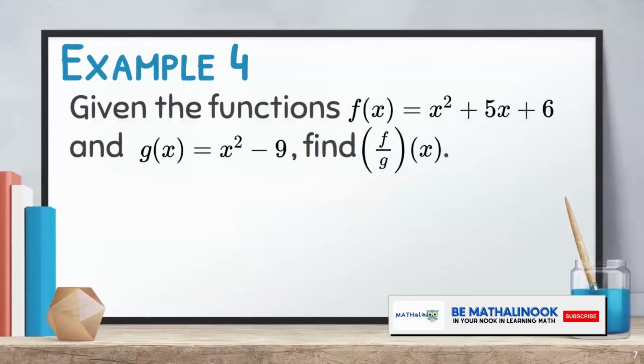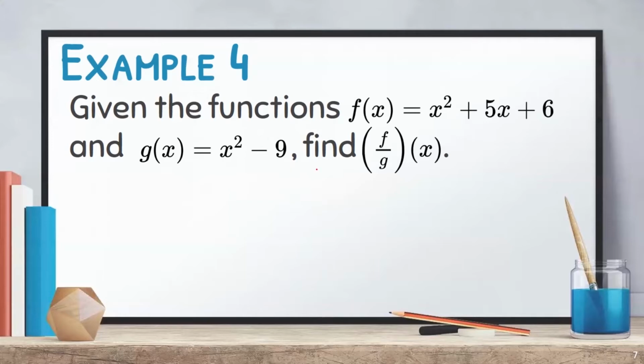Let us have another example. Given the functions f of x equals x squared plus 5x plus 6 and g of x equals x squared minus 9, find f over g of x. In dividing functions, it is better to always express the numerator and denominator in factored form.